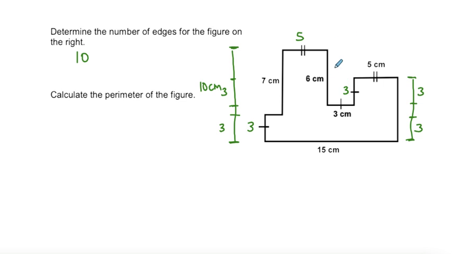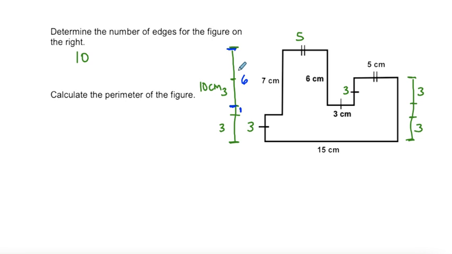I also know that this height right here is 6. So from here to here is 6 centimeters. I'll put that in another color. So from there to there is 6. So if this is 6 and this is 3, so that's 9, so then this must be 1.